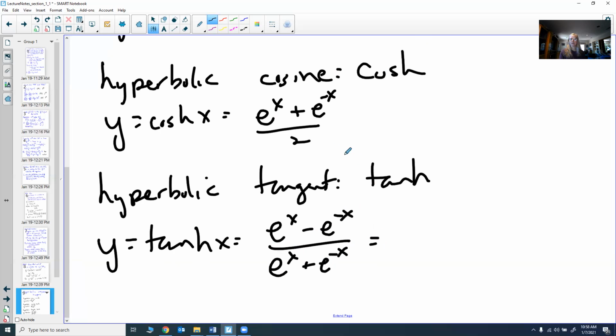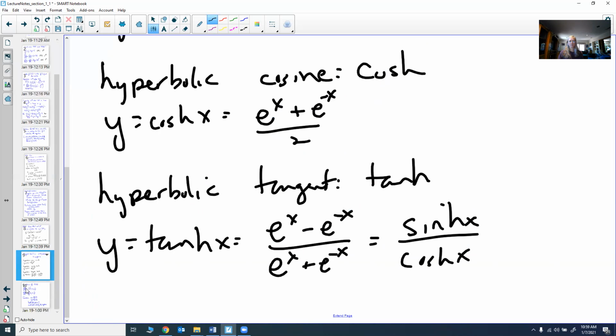So if you notice, if you took the hyperbolic sine and plugged it over top of the hyperbolic cosine, you would get this. So it actually is the hyperbolic sine divided by the hyperbolic cosine, which makes sense because tangent is sine over cosine. So hyperbolic tangent makes sense to be hyperbolic sine over hyperbolic cosine. So you might see us use these formulas in the book, in the course.